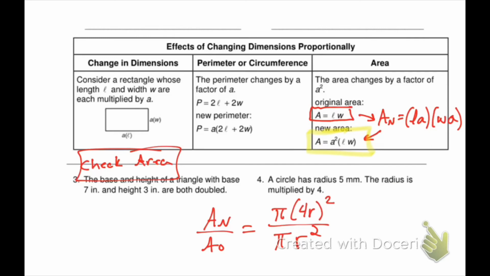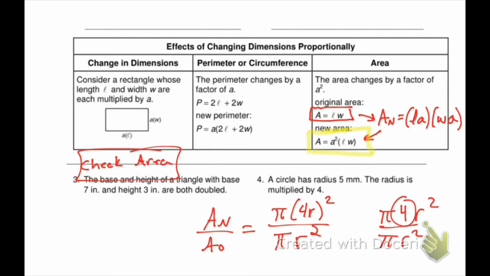Make sure that whenever you multiply the radius, when you're squaring it, make sure your change is in the parentheses. Do not do this: pi, and leave the 4 outside of the radius squared.